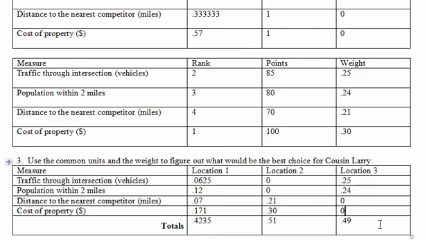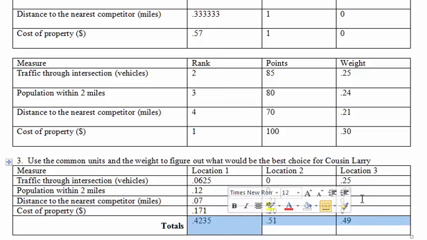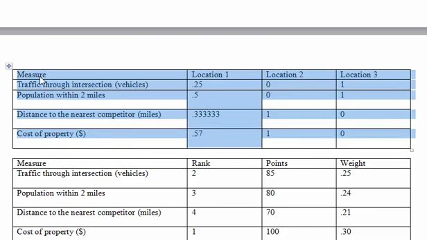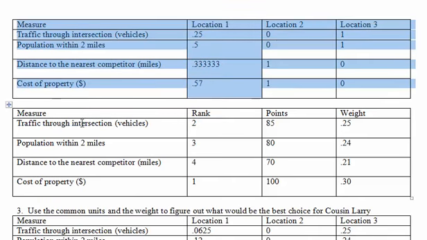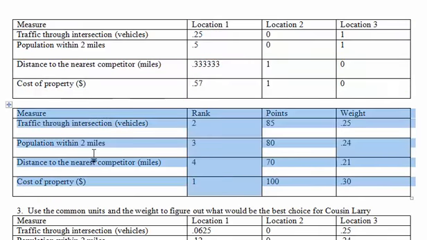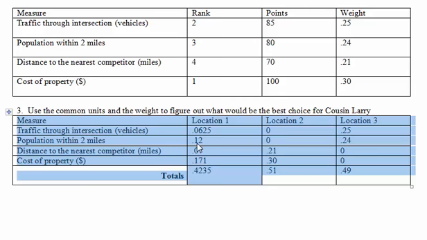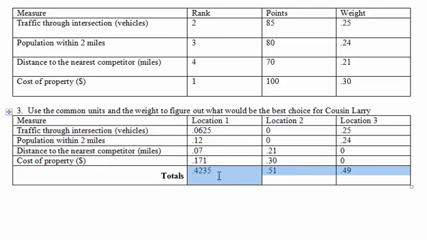Now that we have all those, which one of the properties does Cousin Larry want to get? Which one should he choose? Again, based on the actual facts of the case, the common unit measure, his emotions, the weights, multiplied together and then added up, according to this he should get location 2.